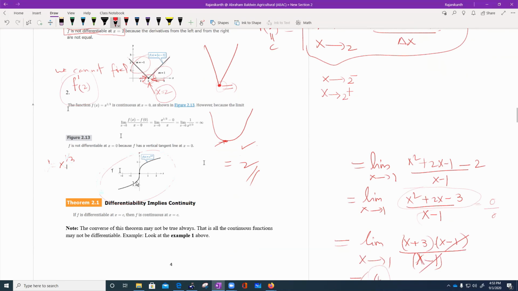But the thing is, if you check at the origin, when x is 0, then there's a problem. If you try to find the slope at this point, the slope is nothing but the tangent line slope, right?